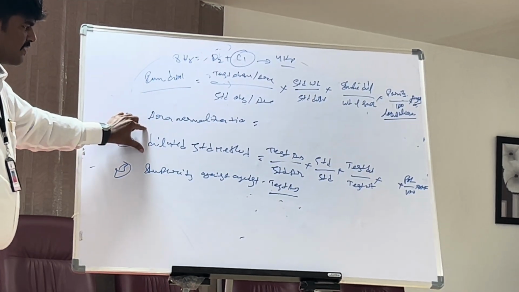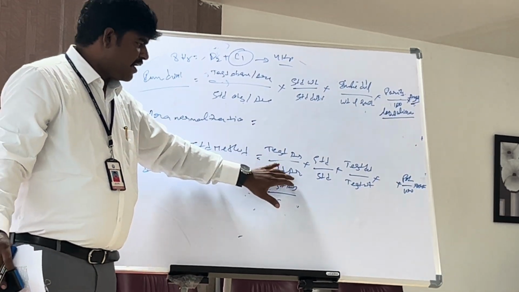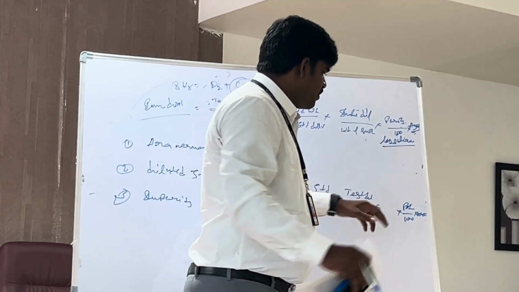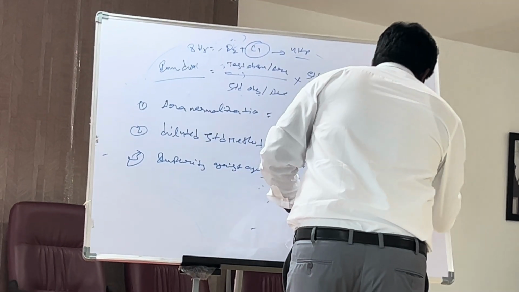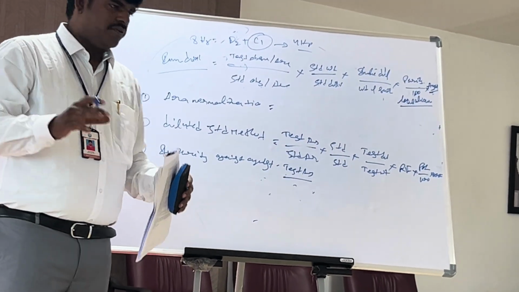What is the major difference? If it is diluted standard, there is no impurity standard to be included. Simply you need to add the standard area, standard weight, standard dilution, sample weight into RF value. You will put it for each impurity. For unknown, no need to enter the RF value.